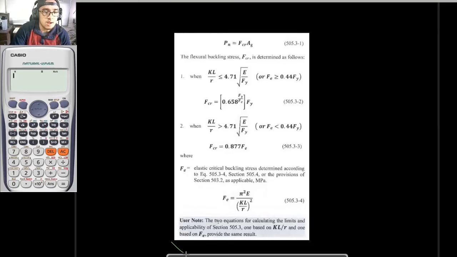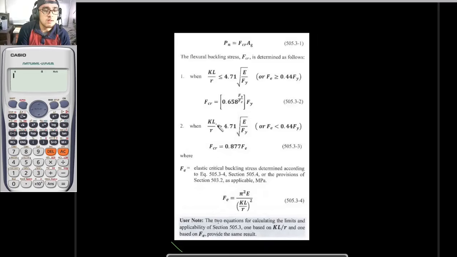So, if you can see here, we have two cases. If you are to compare your slenderness ratio to this value right here, 4.71 times the square root of E over Fy, if your slenderness ratio falls here, you would be solving for FCR by this formula. So, FCR is equal to 0.658 raised to Fy over Fe times Fy.